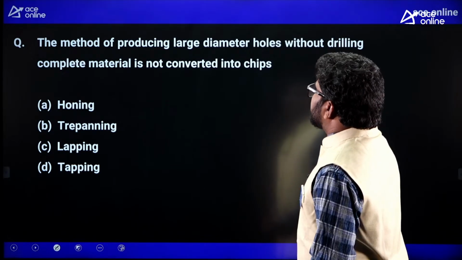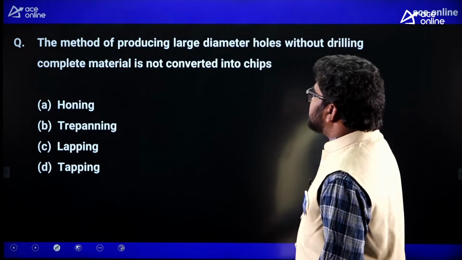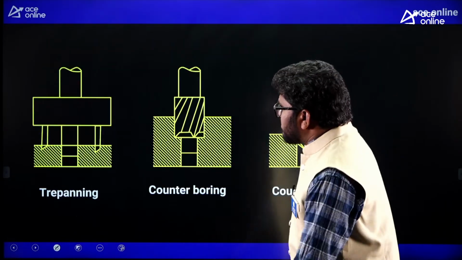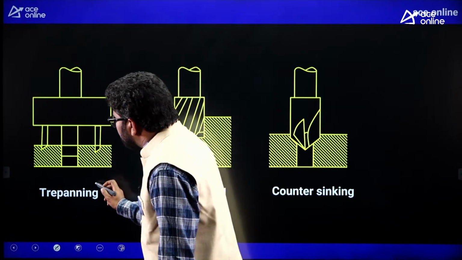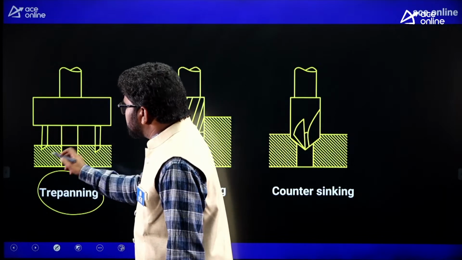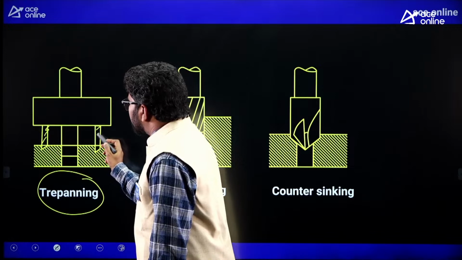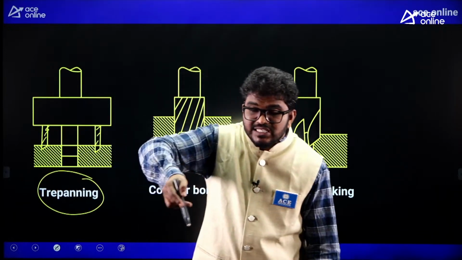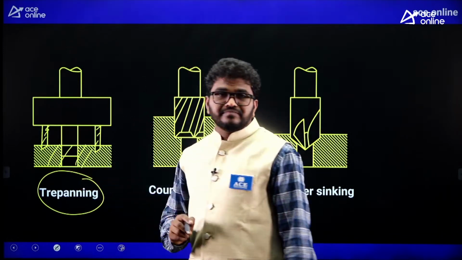Next, the method of producing large diameter holes without drilling, where the complete material is not converted into chips. Based on the options you can understand. Now see here, this is the correct one. This is a workpiece material. By using small tools, we are cutting a small portion of the material, making a hollow, and removing this portion of the material.